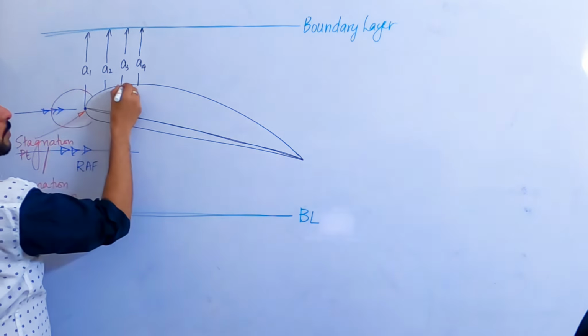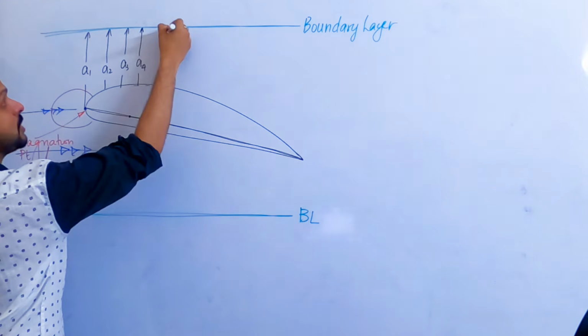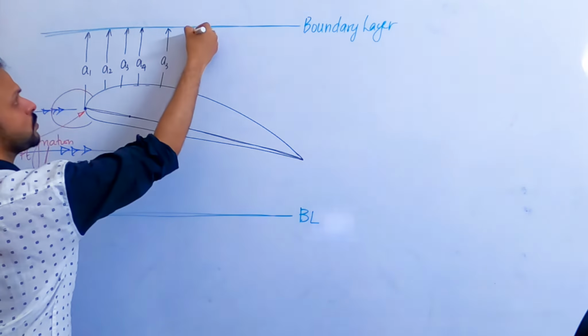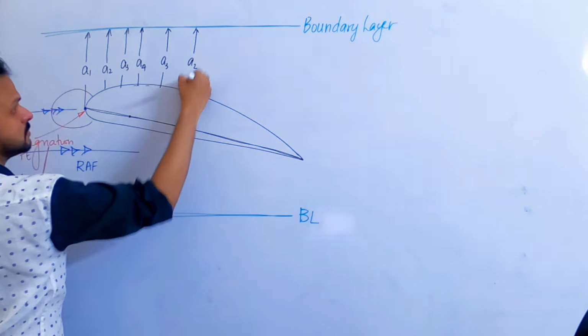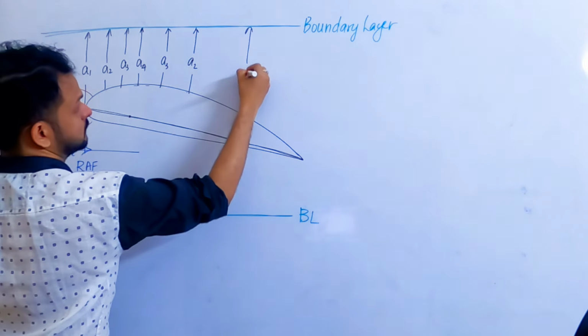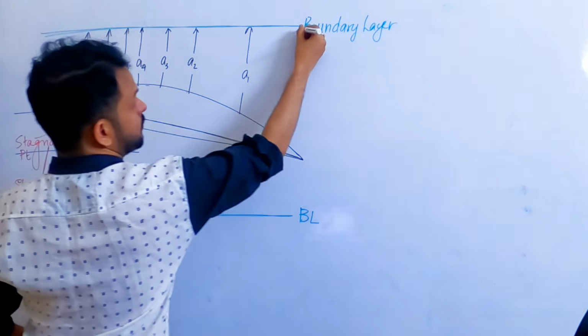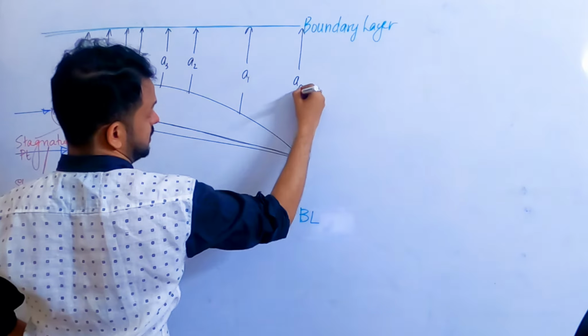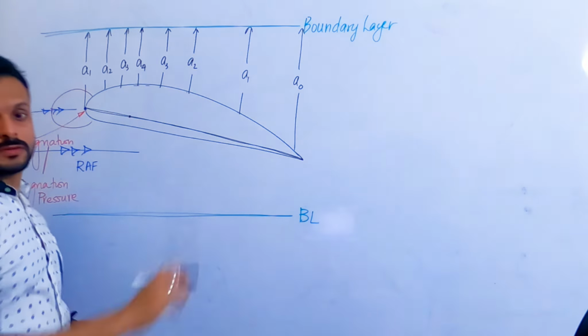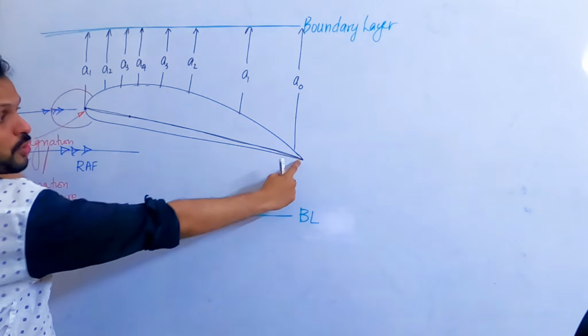The corresponding area of cross section I will take here as A3, and A2, A1, A0. Now you see here, we have just plotted variables for the area of cross section from the leading edge all the way to the trailing edge.